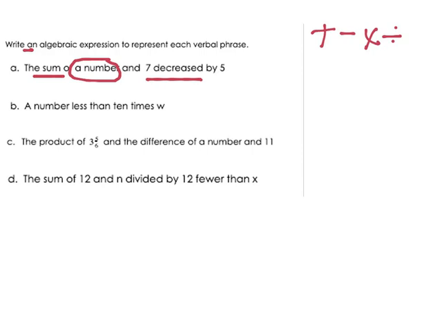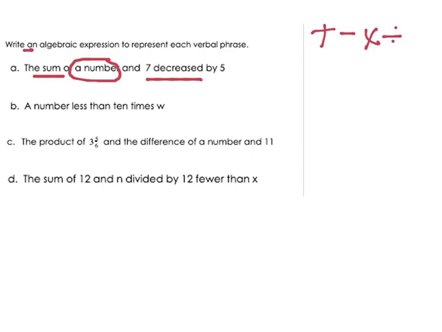Okay, so now I'm going to use the way that I marked up my text to inform what symbols I need to use when I write my algebraic expression. So off to the side, I'm going to write the expression. So I know that I have the sum of a number and 7.